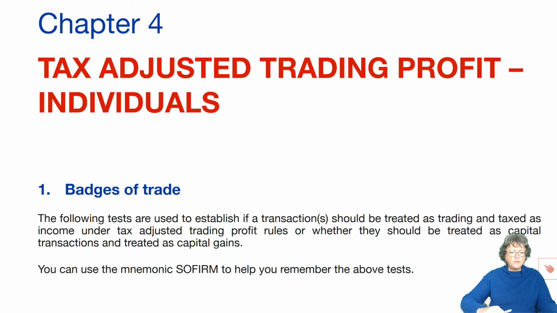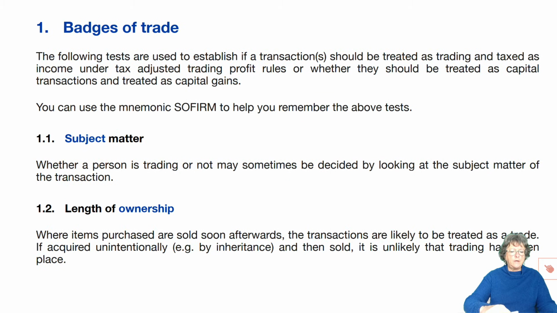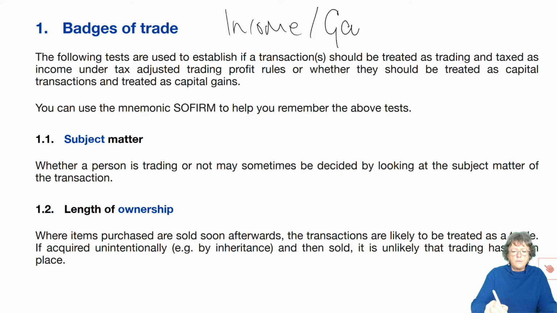So these badges of trade have been brought in over the years, mostly through the legal system, where individuals have worried about whether or not something is being taxed either as income or as gains. This is the situation we find ourselves in. So let's look at the rules first, and then I'll explain a little bit more about why we need these badges.